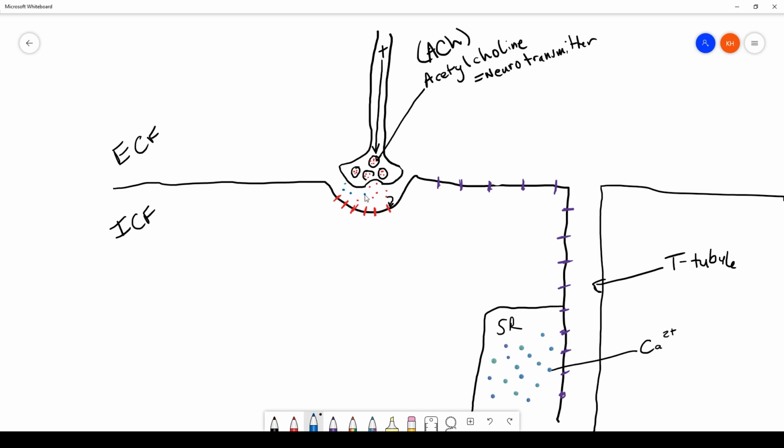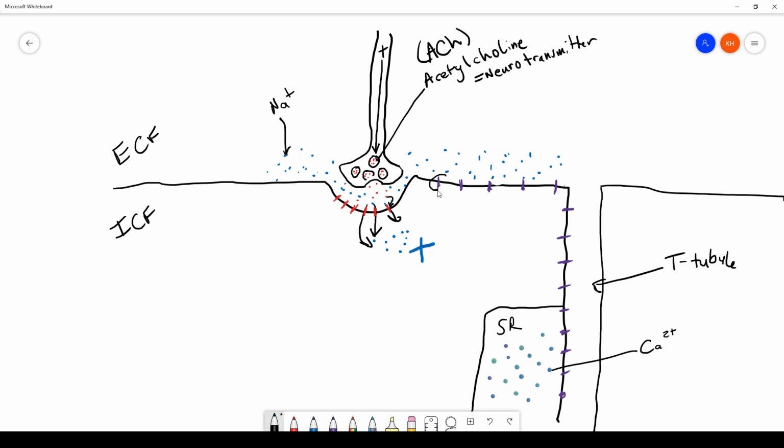Once the protein channel is open, sodium, which is actually in higher concentrations outside of the cell than inside of the cell, floods into the cytoplasm. The accumulation of sodium in the intracellular fluid leads to an electrical charge change from a negative charge to a positive charge.